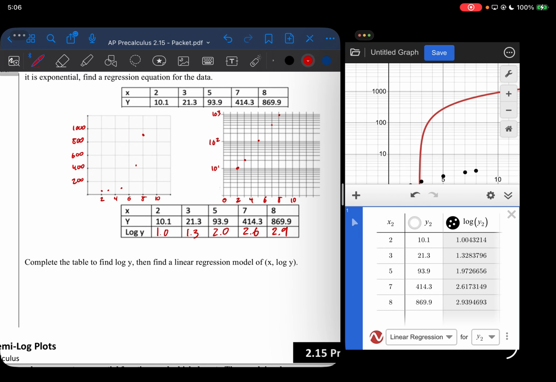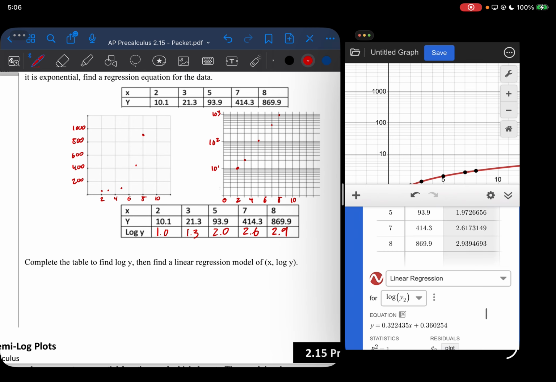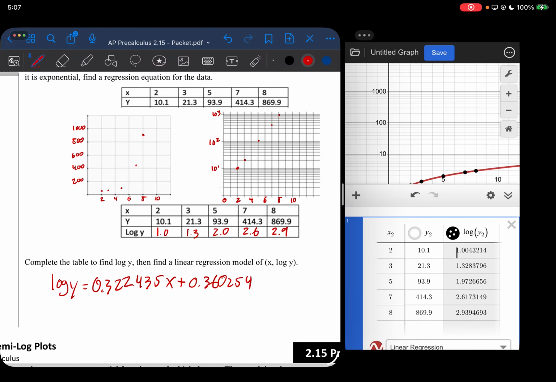So when I click on the regression, I need to make a linear regression for log y2. So log of y equals 0.3224355x plus 0.36024.